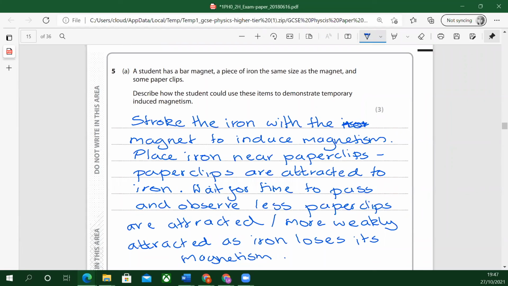Okay, so that will be the induced magnet.